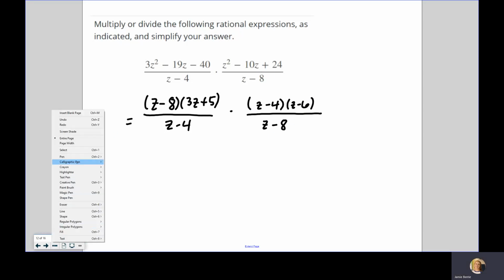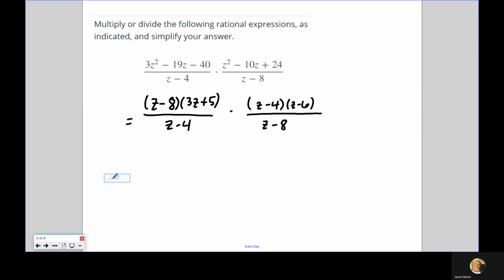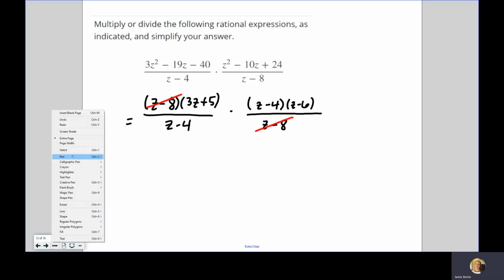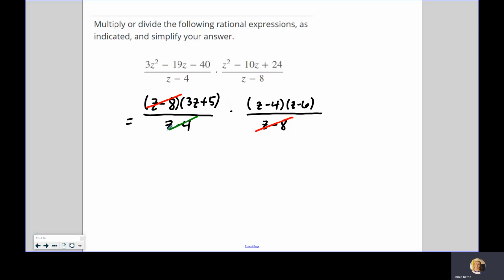All right, so when you are multiplying two fractions, you can cancel either top to bottom or diagonally. So you look in this fraction, you say, okay, is there anything I could cancel up and down here? There's not, but I could cancel z minus 8 diagonally. And then I could also cancel z minus 4 diagonally. Z minus 4 is here, z minus 4 is here.